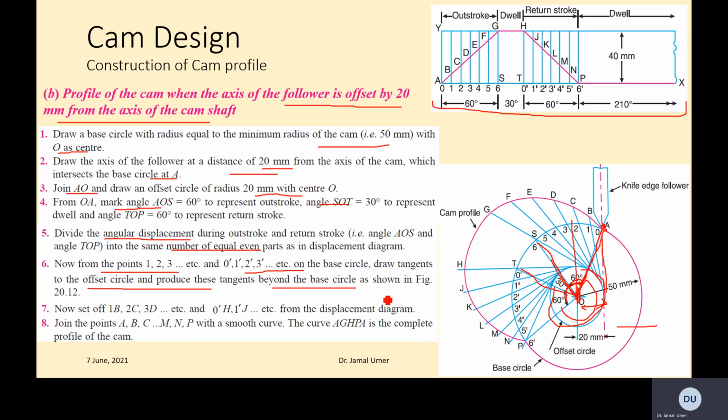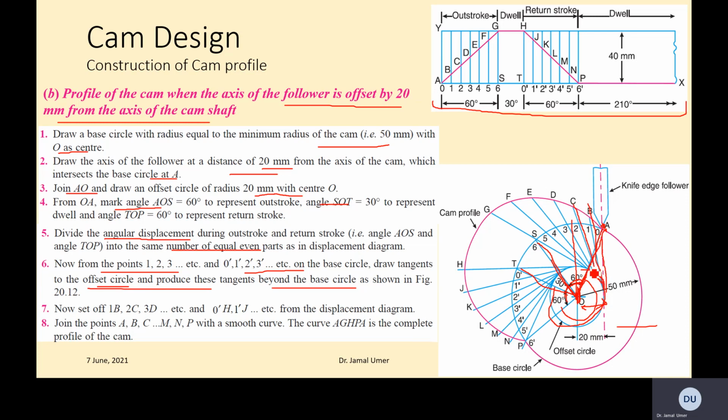So the same way, from the base circle you draw tangents to the offset circle and produce these tangents beyond the base circle. You split it up in different angles and you draw these lines, right?